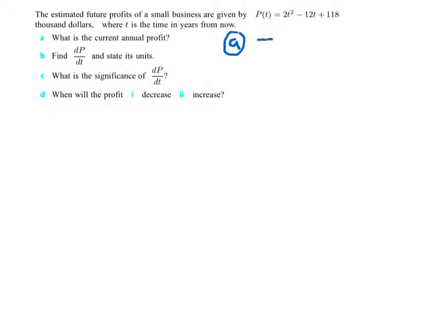So we are asked to calculate the profit when time is 0, and that will be 118. Because it represents thousands of dollars, this is 118,000.